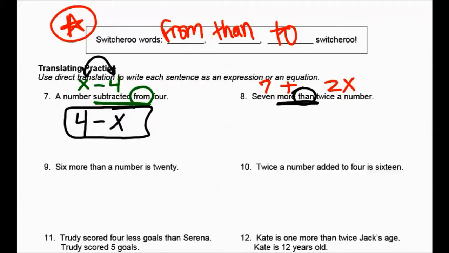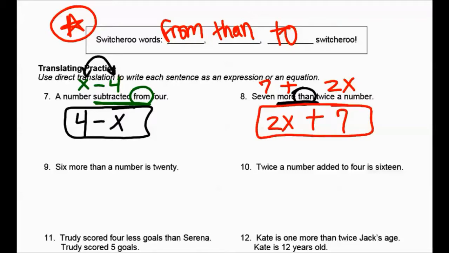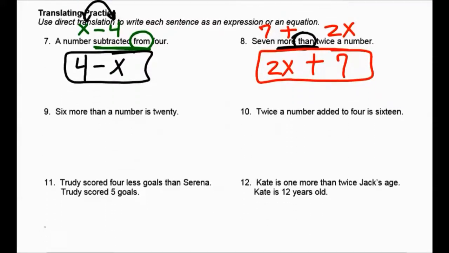I have my switcheroo word, from then to switcheroo. So I'm going to switch the two things that I'm adding. The 2x is going to come first. Okay? So this is my final answer. All right, the 7 goes at the end. We're switching what we're adding.